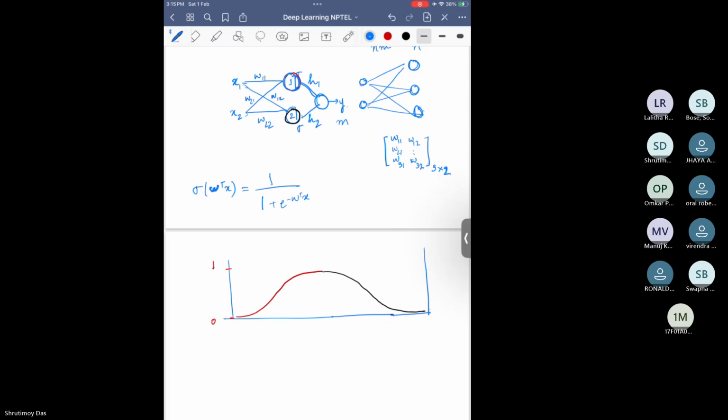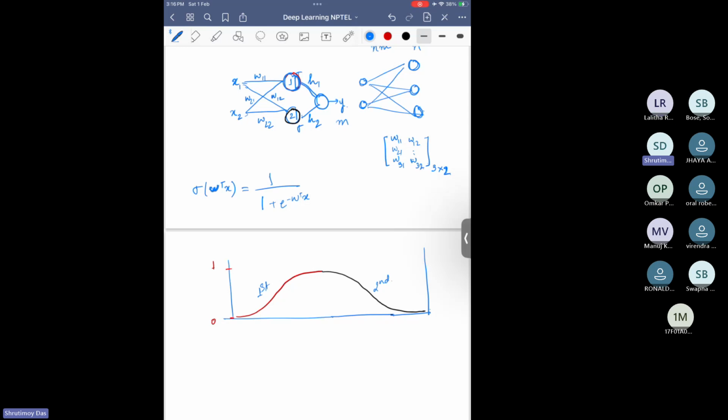If we train a neural network given two features, and we want to say whether your object belongs to class 0 or class 1, you can take a combination of these two neurons. This red is the sigmoid for the first neuron, and this is the sigmoid for the second neuron.